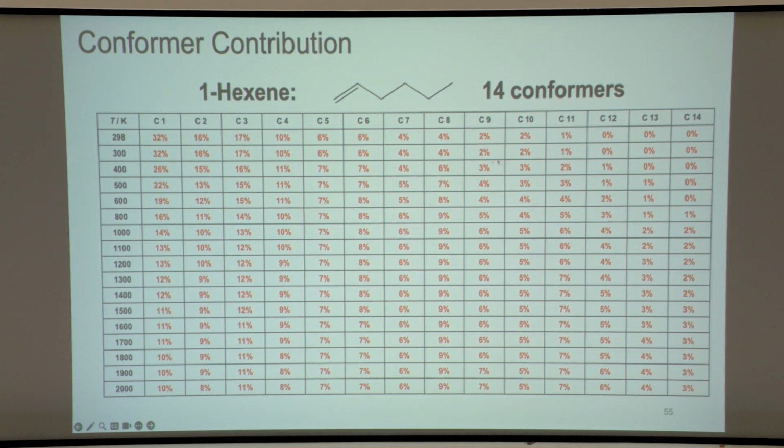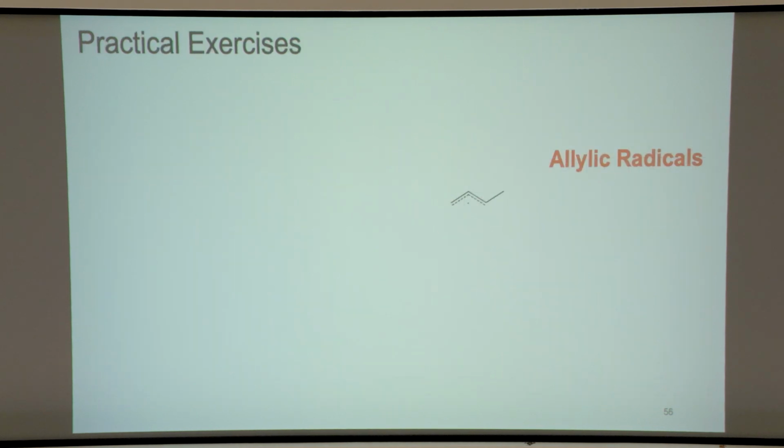And you can see it changes with temperature. So conformer 1 is more stable at low temperature, whereas other conformers become increasingly important at higher temperatures. So you need to account for this in your calculations when you do these quantum chemistry, and then in the end you can come up with good thermochemical data.